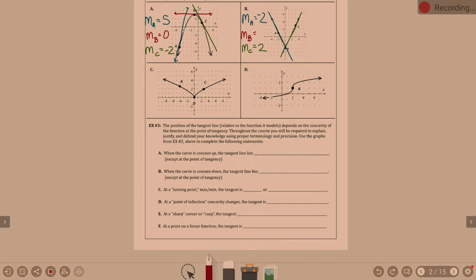You could also think about it in terms of limits. As we approach from the left, the slope is negative 2. As you approach from the right, it is 2. Okay, as you're following that line. Okay, I shouldn't use the word limit there, sorry. But so the slope at B does not exist.